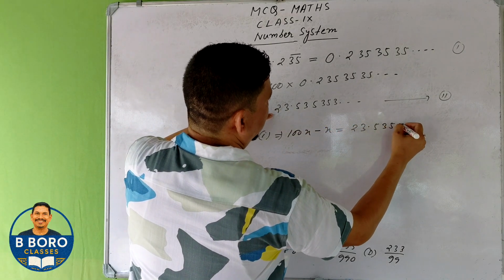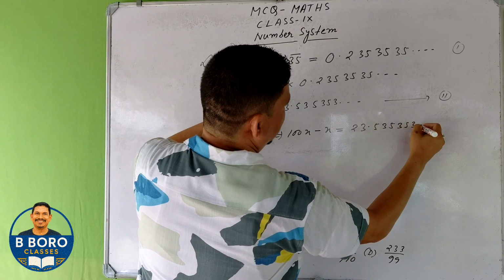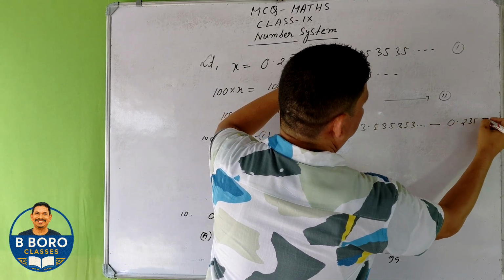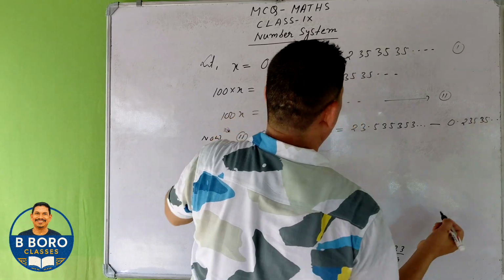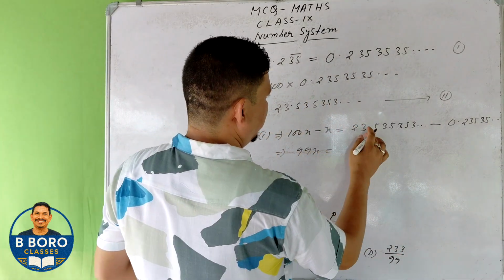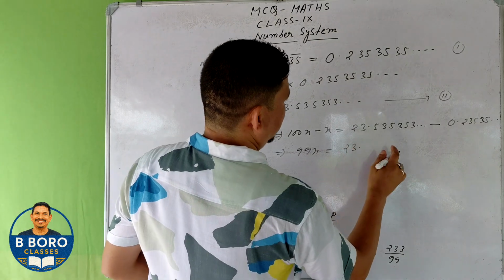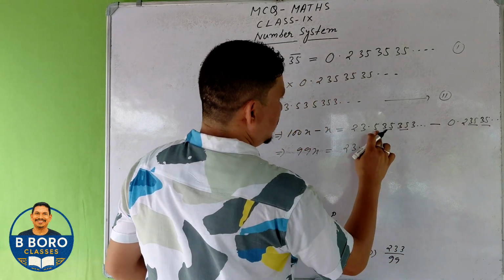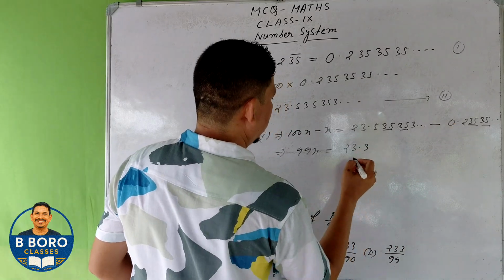So when you subtract 23.535353 dot dot dot minus 0.23535 dot dot dot, this becomes 99x equals 23.3, since the 35s all cancel and it becomes 0.3. 5 minus 2 gives 3.